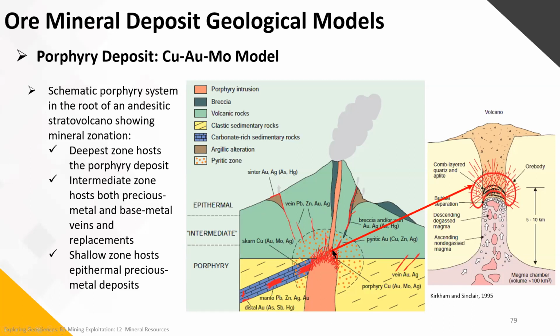These could be within breccias, within faults, and so on. And the shallow zones, the epithermal deposits, host mainly what we call the precious metal deposits, so the gold, silver, arsenic deposits.